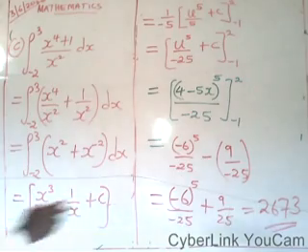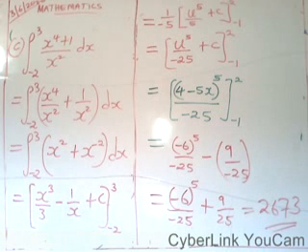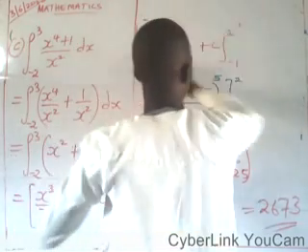So the limit of integration is from -2 to 3. What we need to do here is to substitute for when x is equal to 3, minus when we substitute for when x is equal to -2. So let's go here.